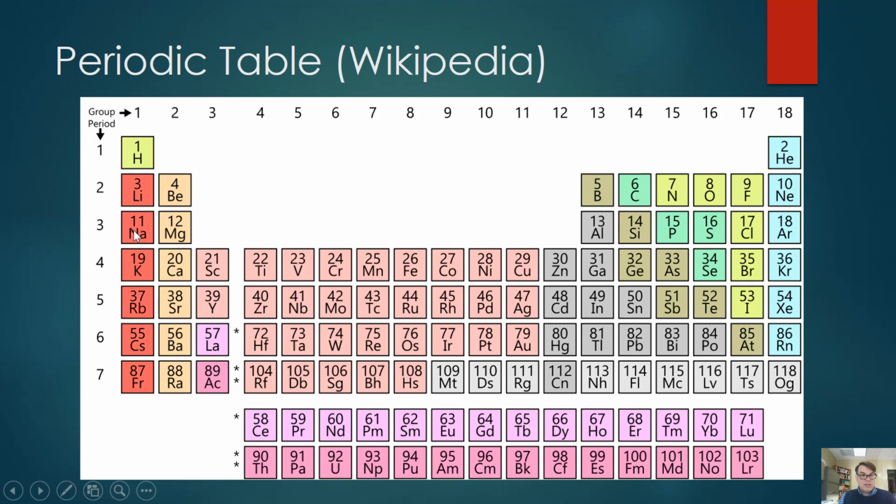When sodium gets rid of its 1 electron, it goes over here to neon, and it has basically a neon valence. It doesn't become neon because it still has 11 protons in its nucleus. But as far as its electrons are concerned, it has the electron configuration of neon, which fills the octet rule.